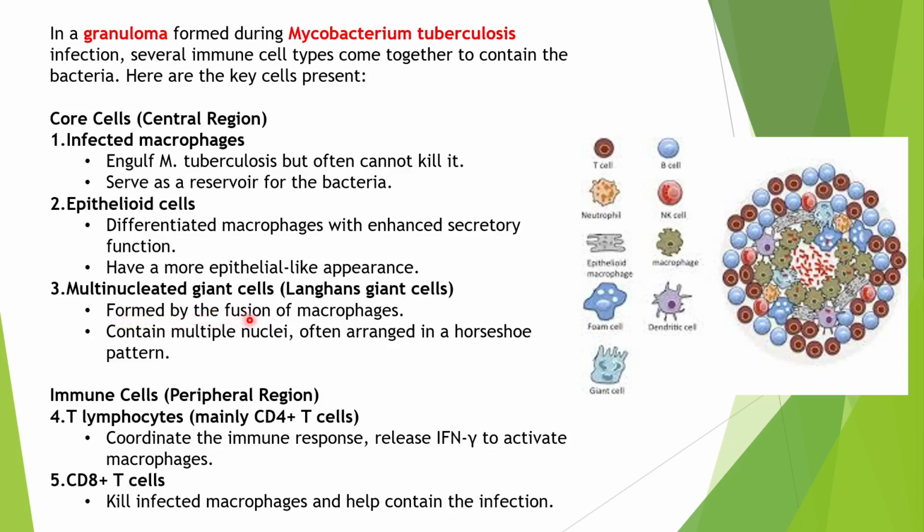So they are formed by the fusion of macrophages. They contain multiple nuclei because they are formed by the fusion and they often are arranged in a horseshoe-like pattern. So if you see a horseshoe, it will be like that. So the arrangement is in that pattern.